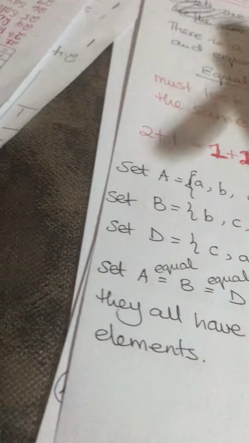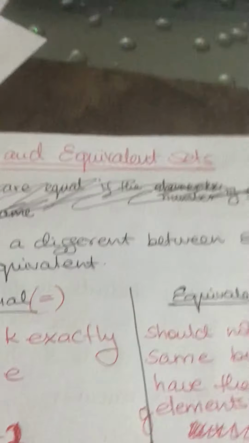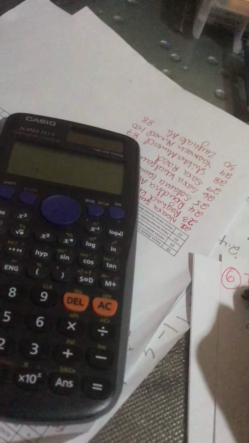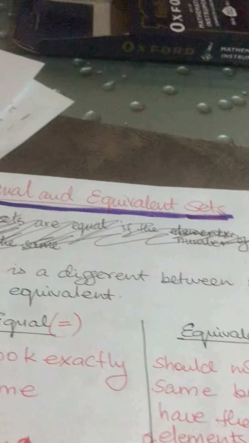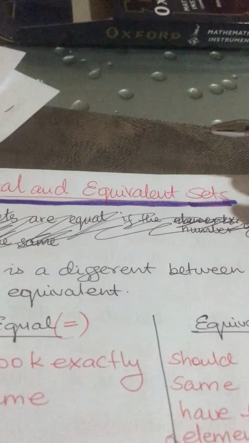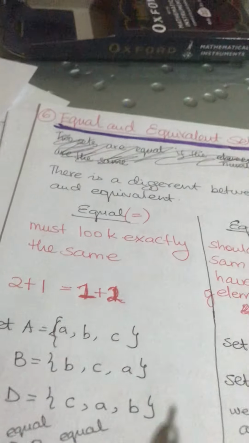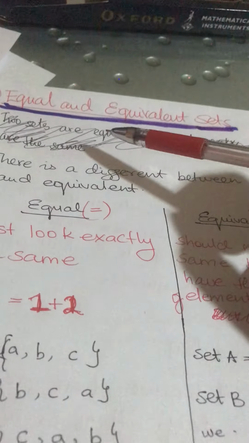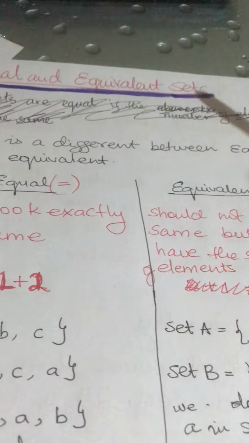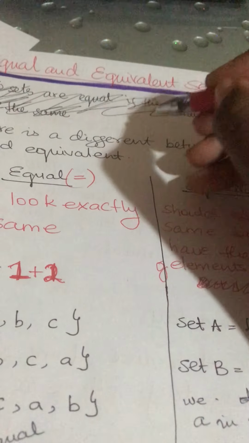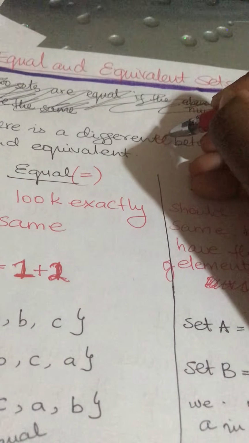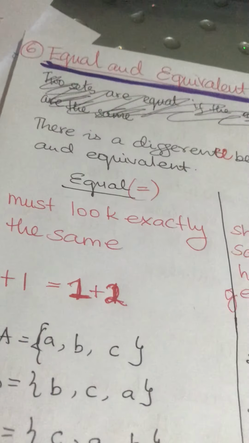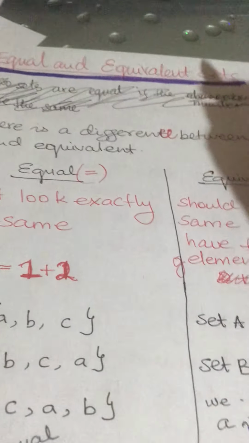All right, number 6. Now we are here. Equal and equivalent sets. Like I said in the beginning, there is a difference between equal and equivalent.